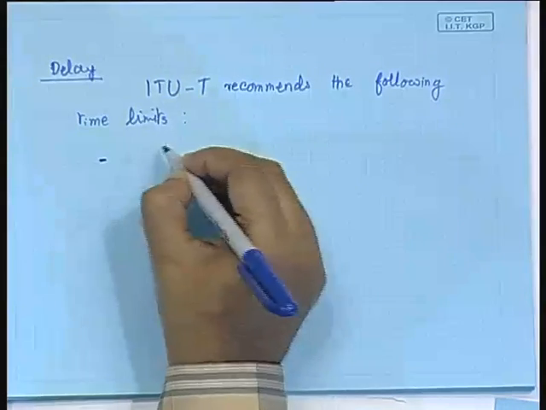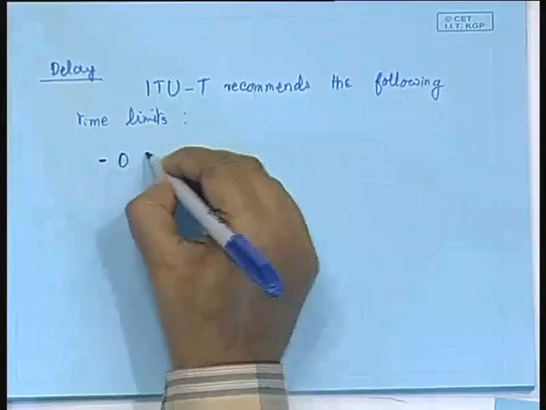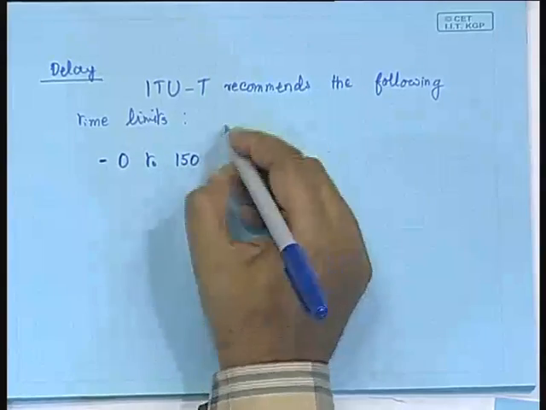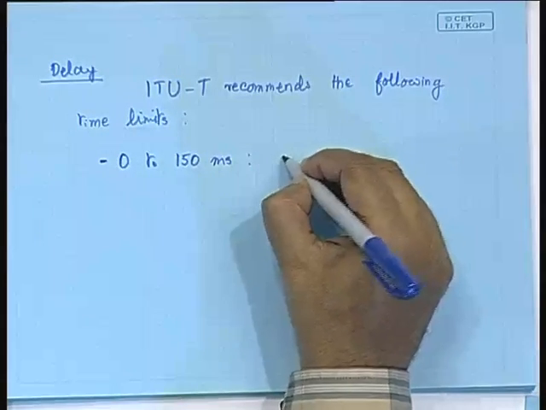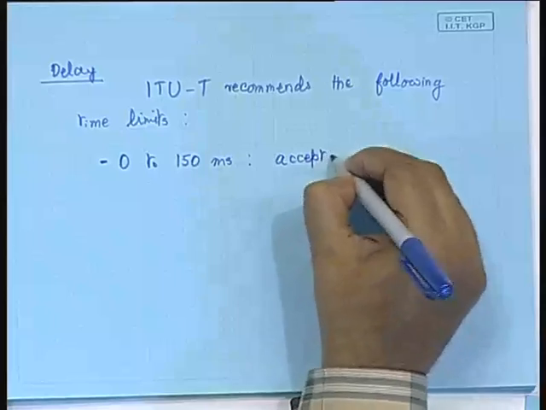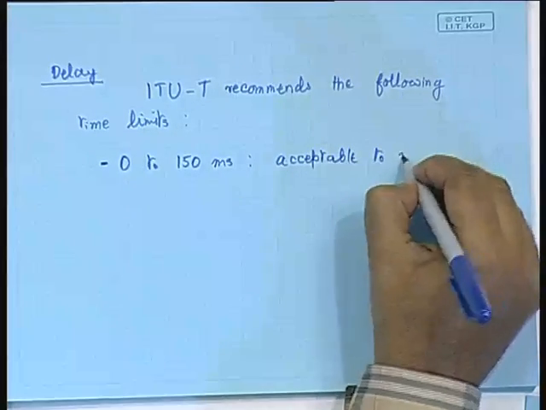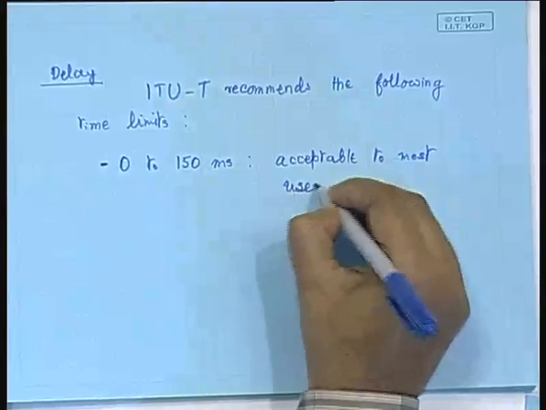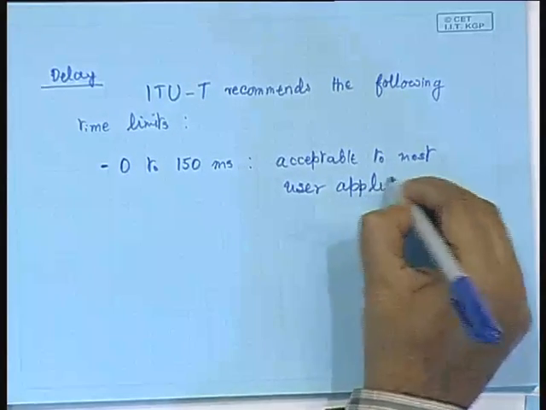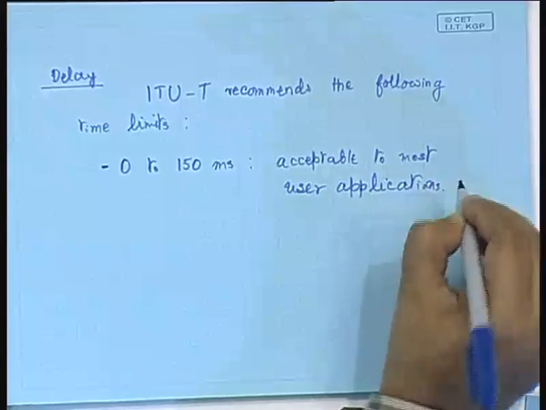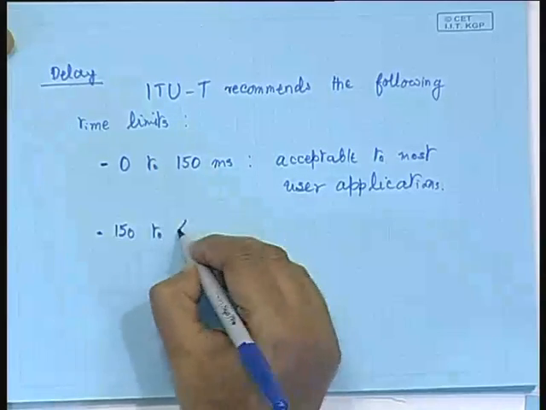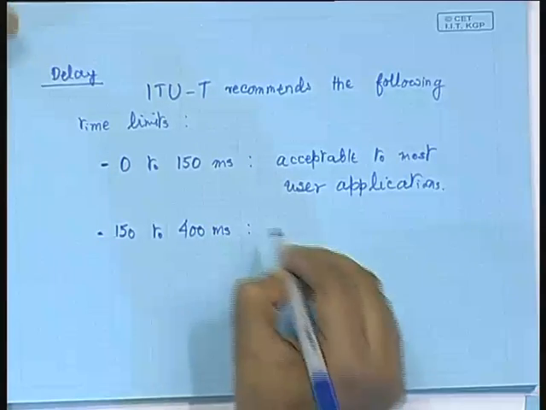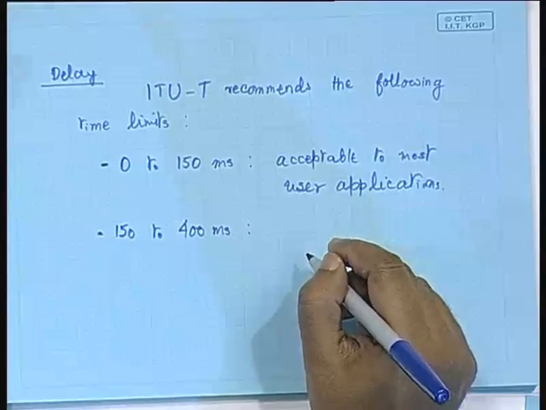So, based on the user feedback, ITU-T concludes that when the delay is between 0 to 150 milliseconds, that is acceptable for most user applications. For delays in the range of 150 to 400 milliseconds, there is a problem, but there is no choice.